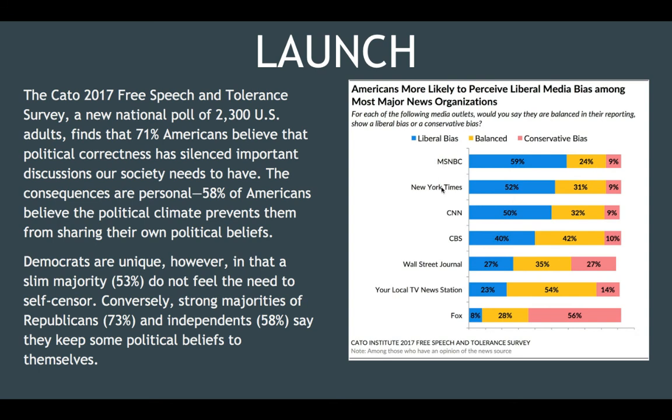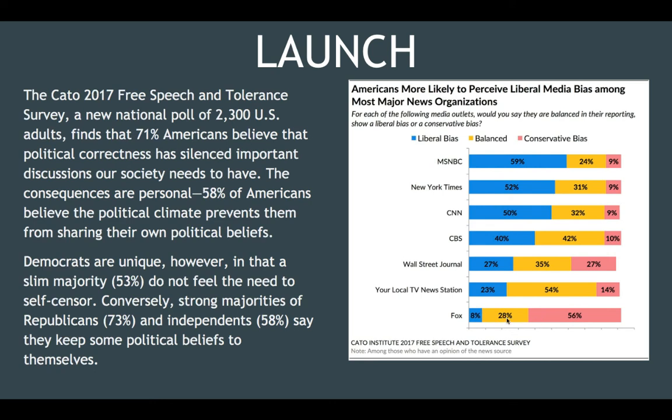They talk about these different things. Notice that they say that there's a conservative bias or a liberal bias. So MSNBC says there's a huge liberal bias. New York Times, and as you get down to Fox, it has a huge conservative bias.